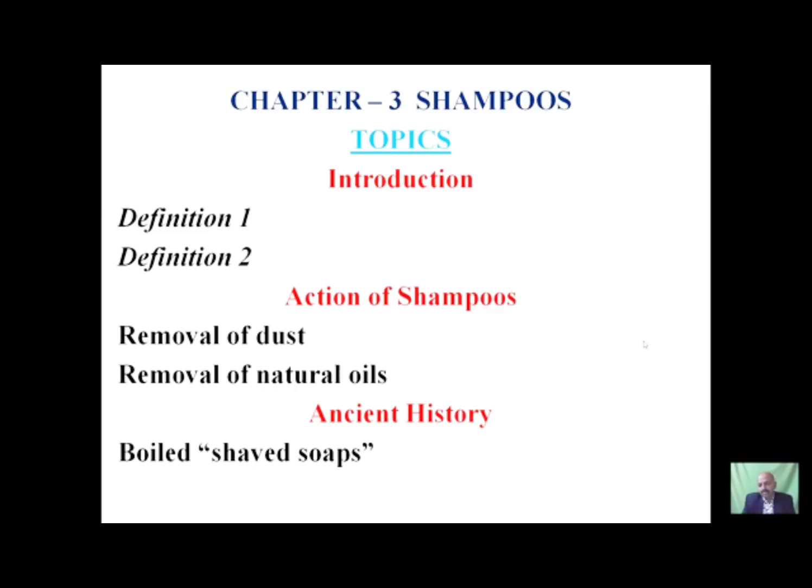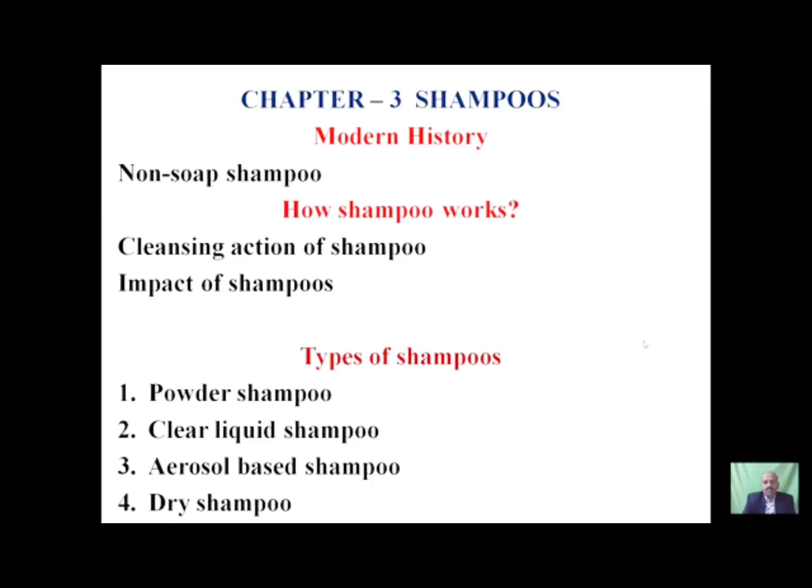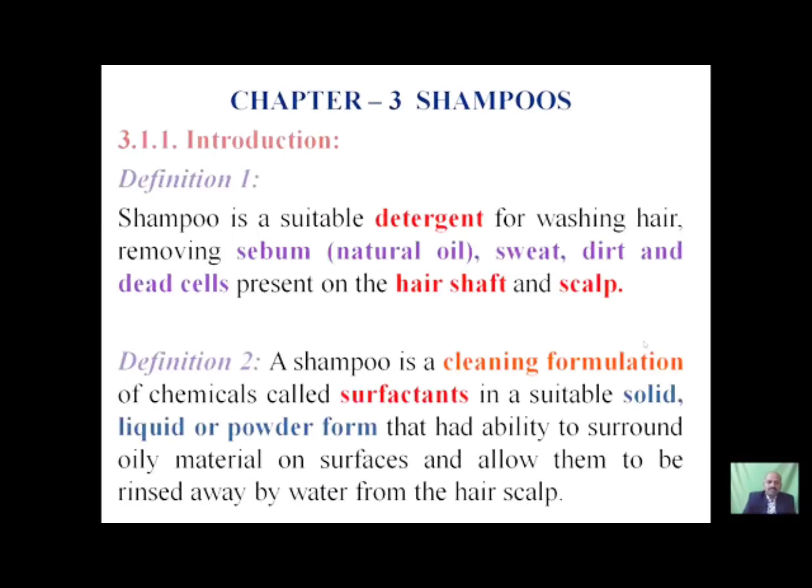Then the ancient history of shampoos, that is boiled shaved soaps, and the modern history, that is non-soap shampoo, and how shampoos work, in that the cleansing action of shampoo and the impact of shampoos. And finally, we'll see the types of shampoos: powder shampoo, clear liquid shampoo, aerosol based shampoos, and dry shampoos. So this is the content of the topics that we will discuss in today's class.